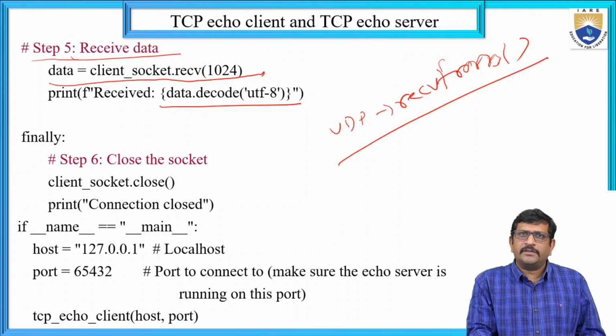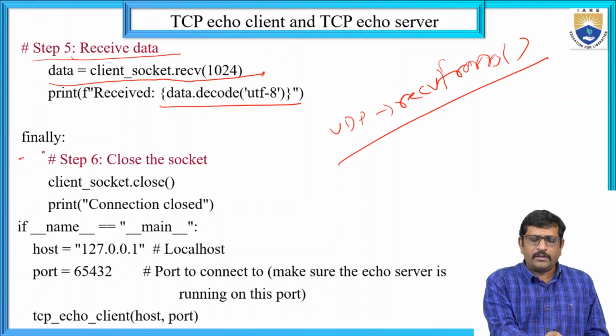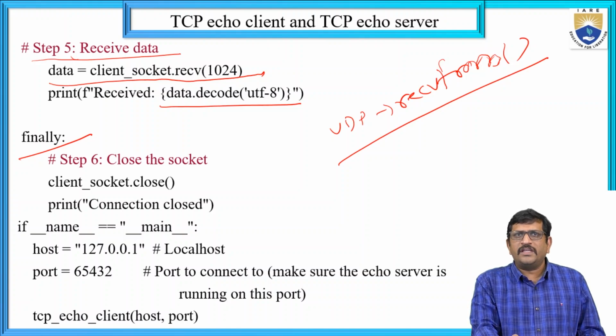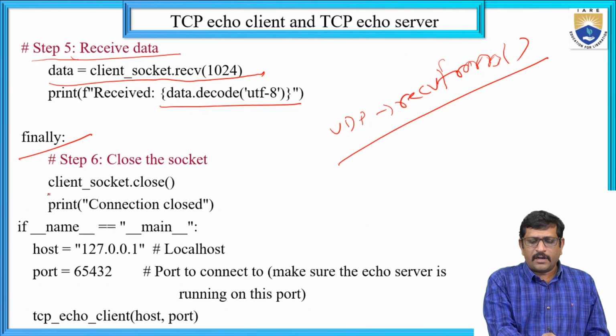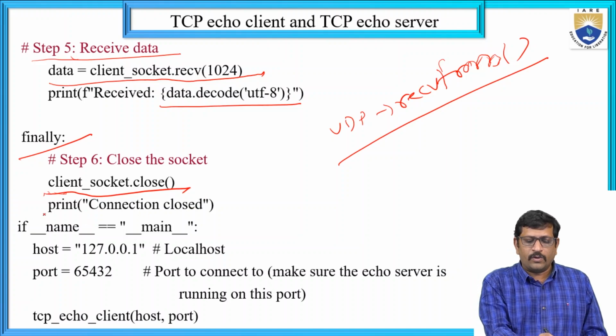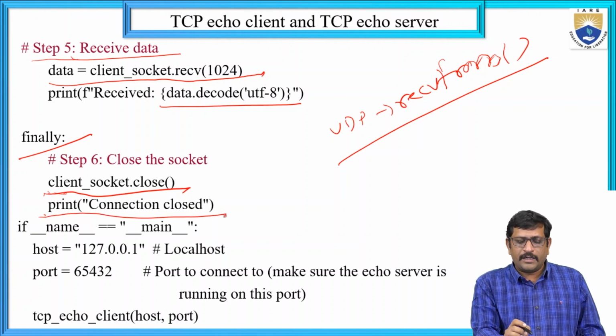Once the data is received, finally in the TCP echo client we close the socket that we created at the client side. That is client_socket.close, and print connection is closed.